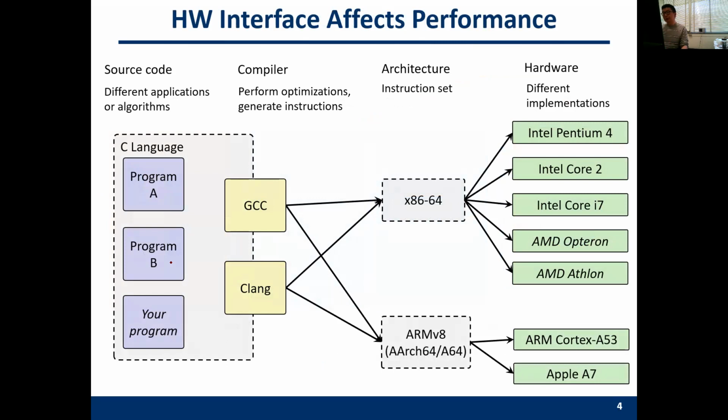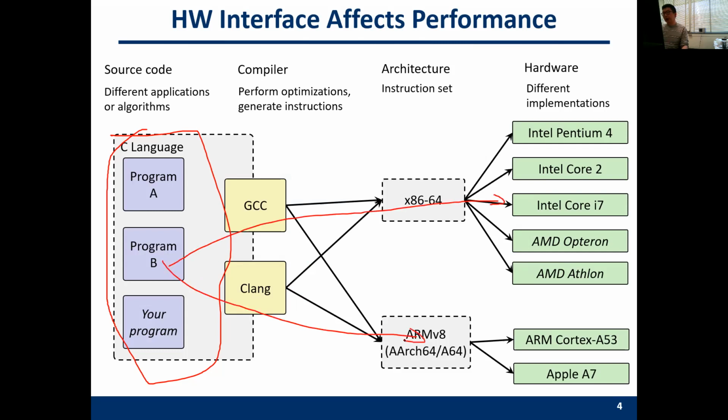Now, people talk about portability a lot. The so-called portability is that when you write the same application in, let's say, Java or C, can you directly compile your code on Intel CPUs and compile your code on ARM CPUs?